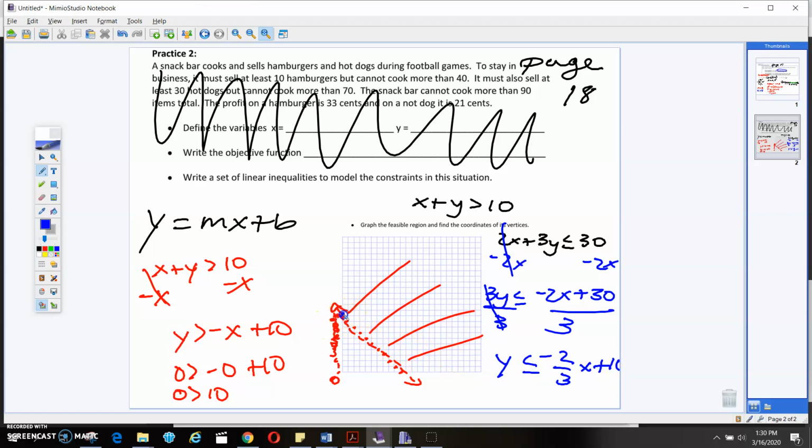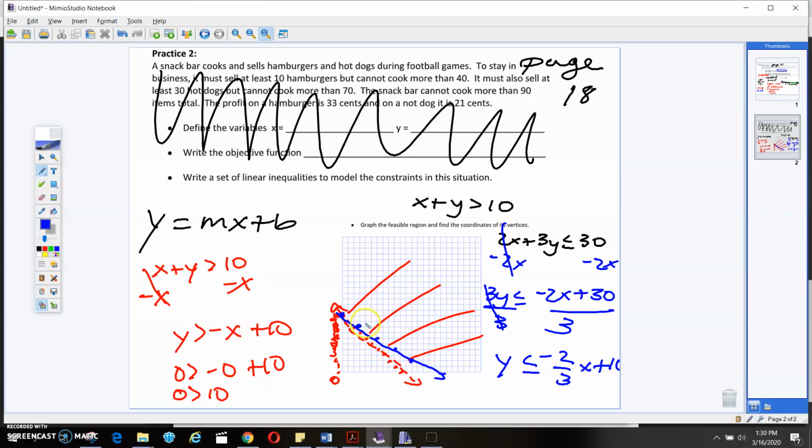I start with my y-intercept at 10, then go down 2, right 3, down 2, right 3, and continue. This will be a solid line.